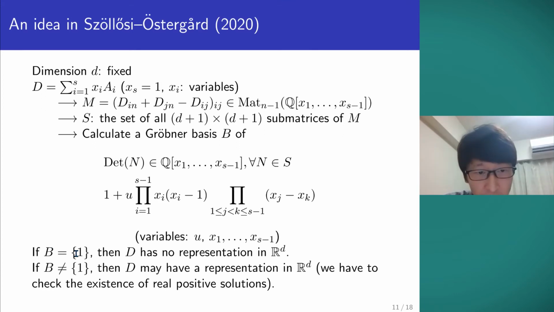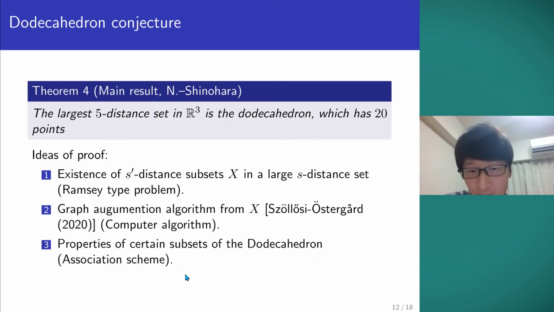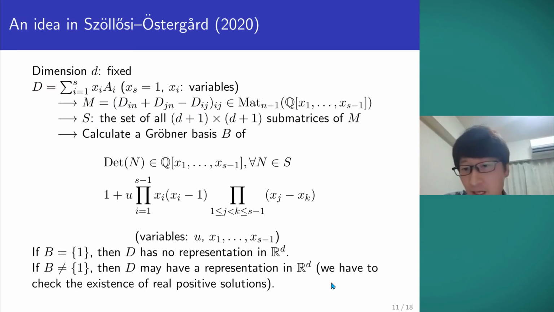So if B is 1, then we have no solutions of this system, so D has no representation in R^d. If B is not equal to 1, then it may have a representation in R^d. Then we have to check the existence of real positive solutions. We can reduce a lot of matrices which cannot be representable in d dimensions.